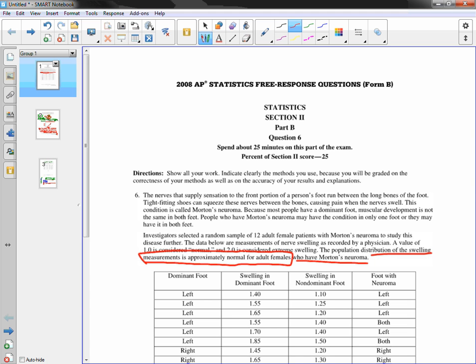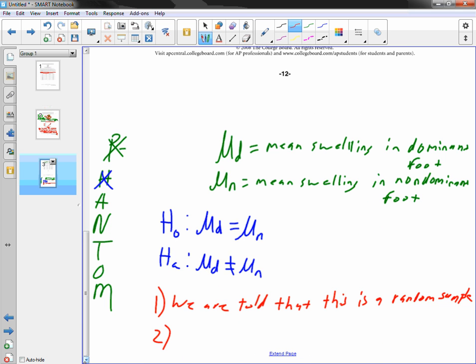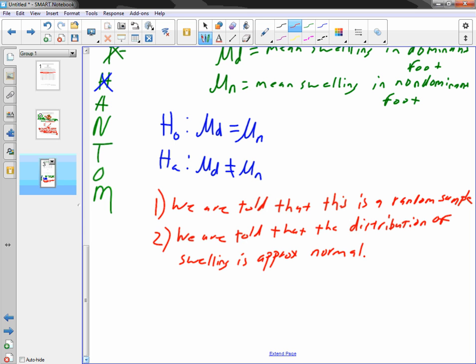Right, so the distribution of swelling is approximately normal, so we're told that the distribution of swelling is approximately normal. Right? And those are the two that they really wanted.